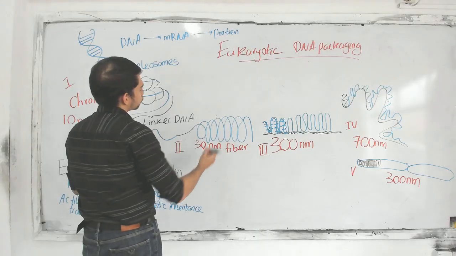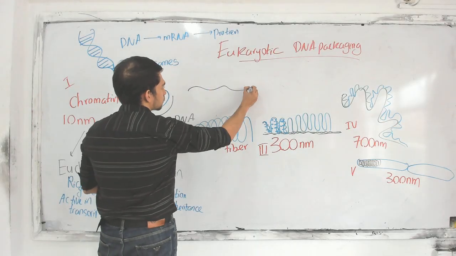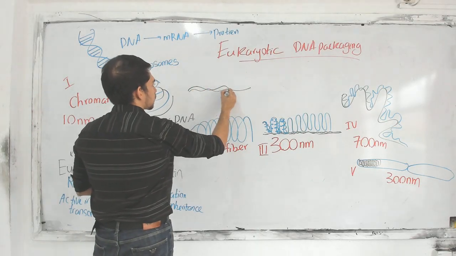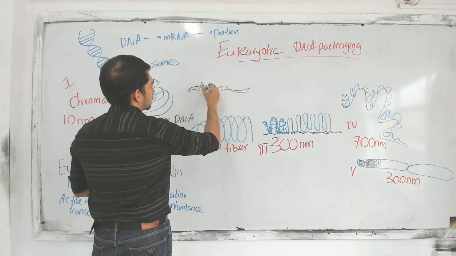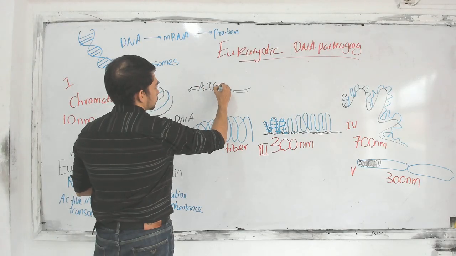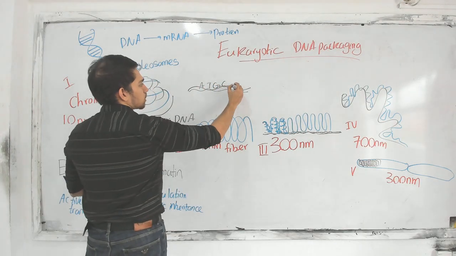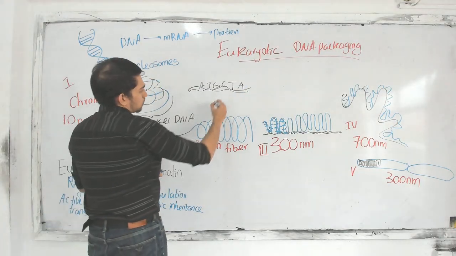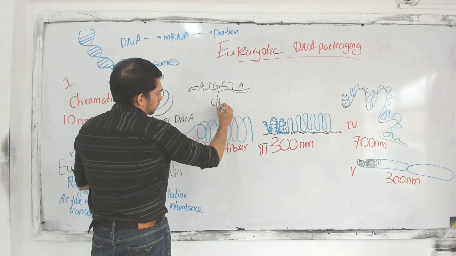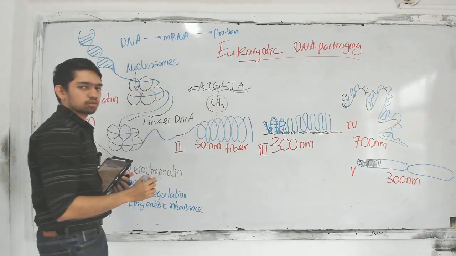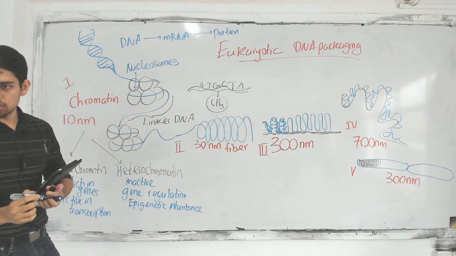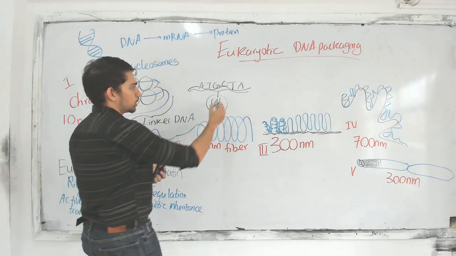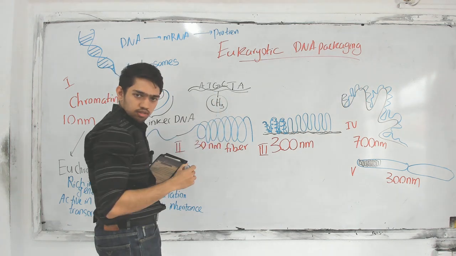So for example, if you have a gene like this, adenine, thymine, guanine, cytosine, guanine, or thymine, adenine, like that DNA is there. Suddenly there's a methyl group that is bonding to this DNA. This methyl group is going to mask this DNA.